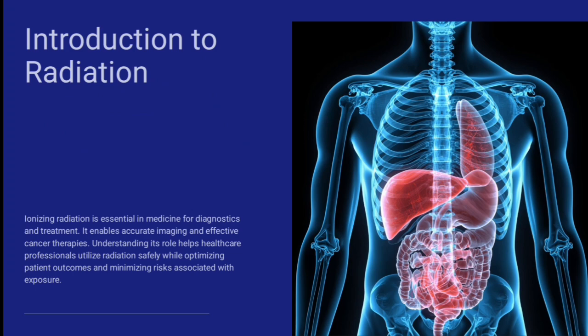Introduction: Ionizing radiation plays a central role in modern medicine, particularly in diagnostic radiography and treatment in radiotherapy. Understanding how radiation interacts with the human body is essential for safe imaging practice, accurate diagnostics, effective cancer treatment, and radiation protection.